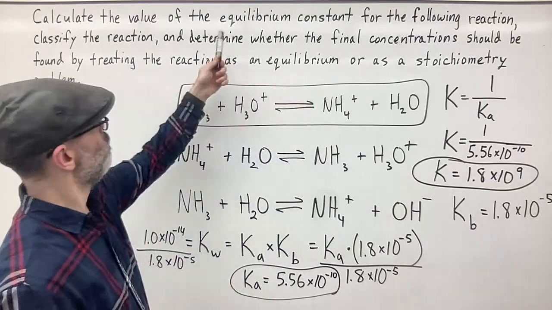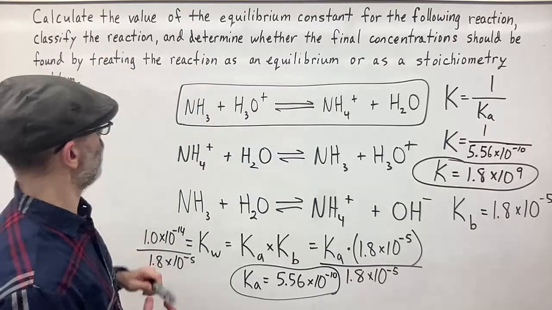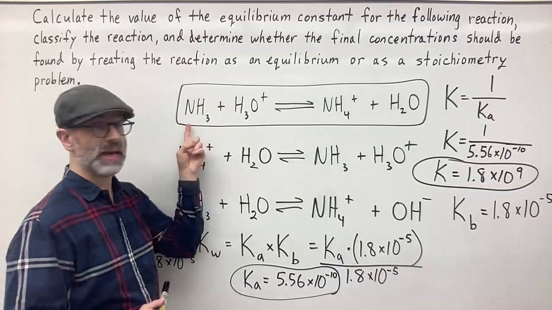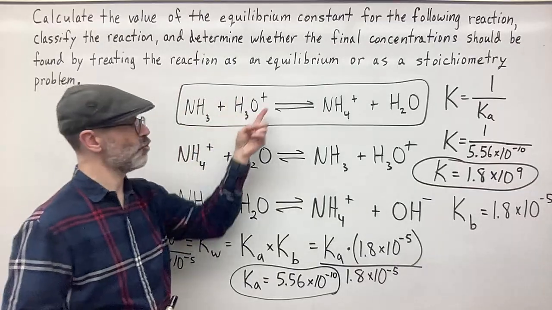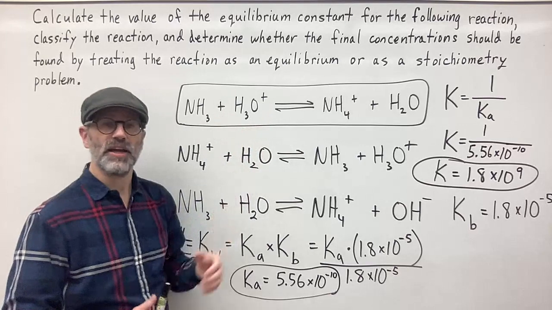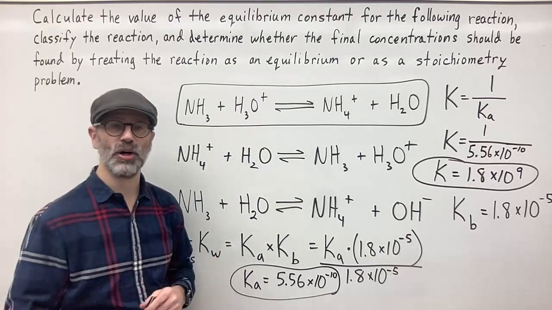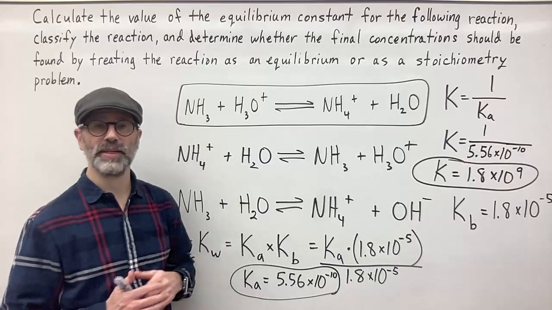We want to classify this reaction. Well, here we have a weak base, and the hydronium ion here is usually associated with a strong acid like HCl or HBr or something like that, right?